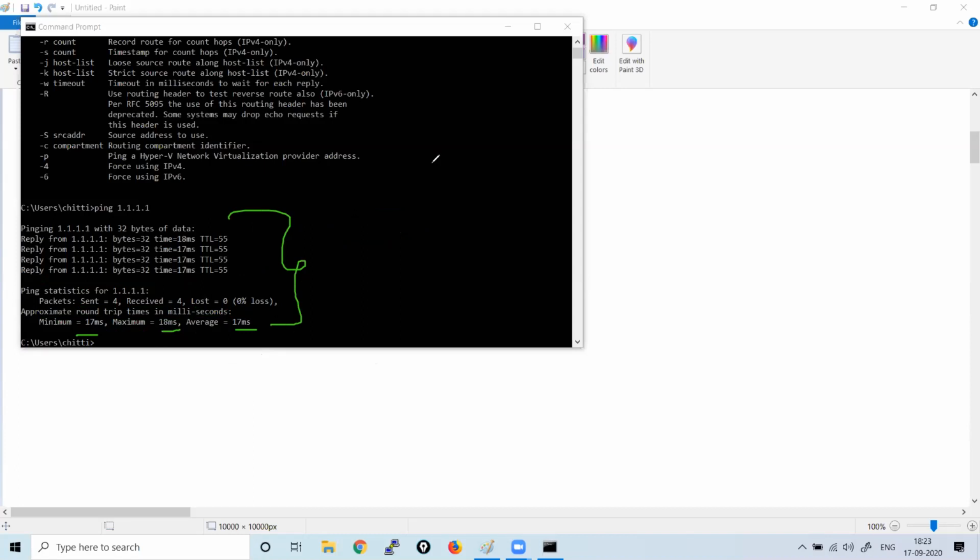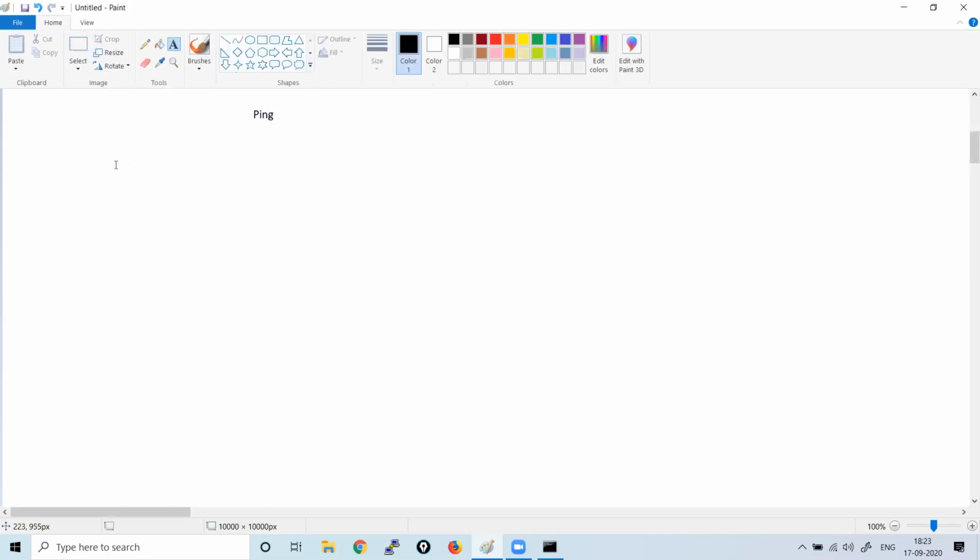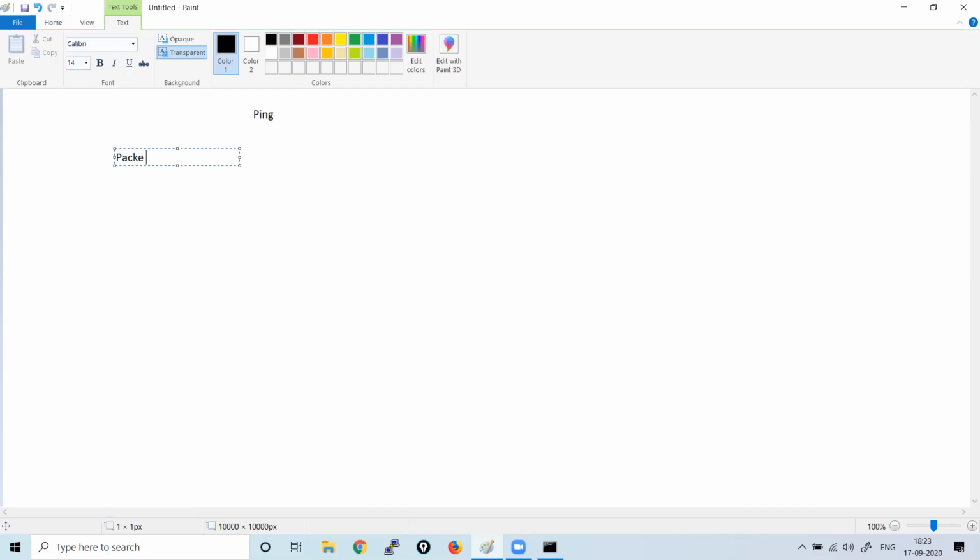Now let's start with the backend process. What exactly is happening at the backend? So ping. Ping stands for packet internet groper.